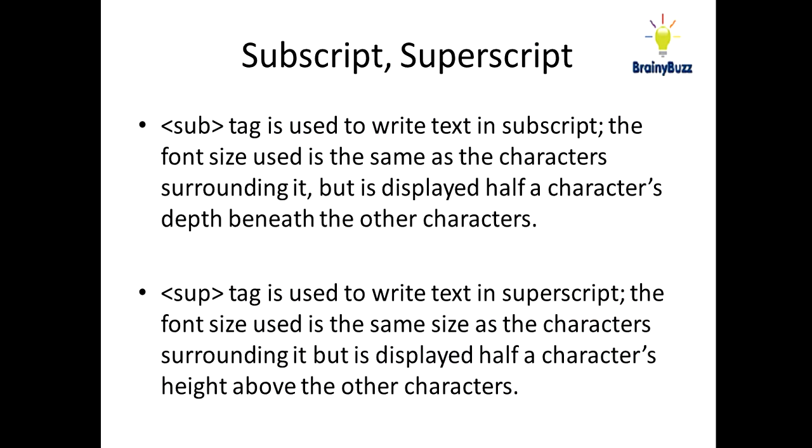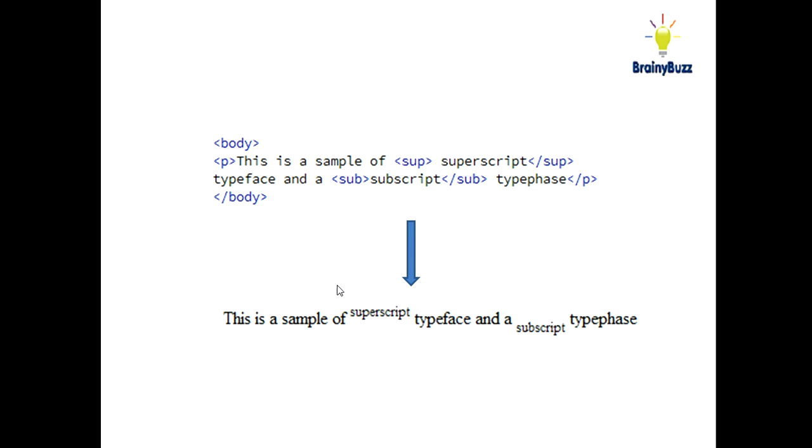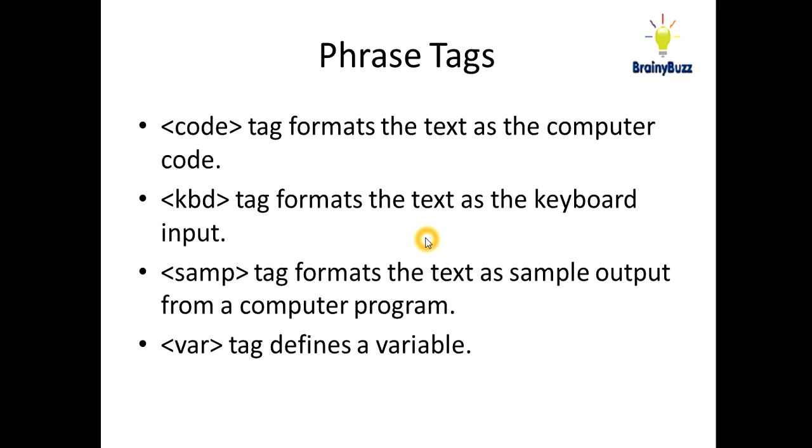This was an example of the subscript and superscript tags. Another thing we have is the phrase tags. There are some phrase tags that we have included here, and some we're going to cover in later tutorials. Here we'll define code, KBD, SAMP and var. Code is used to write the text as computer code.